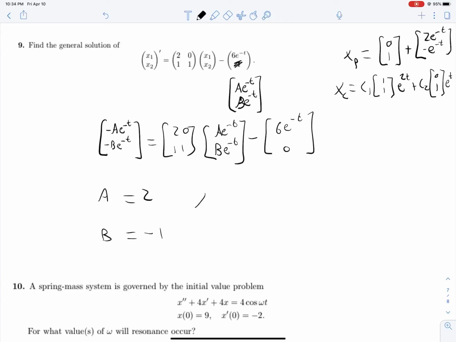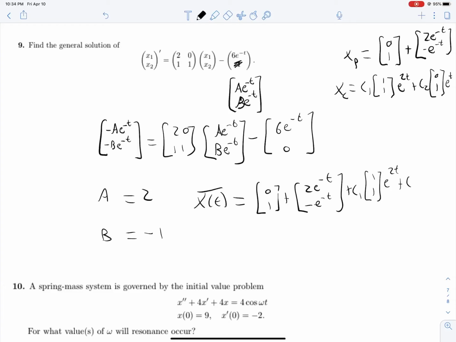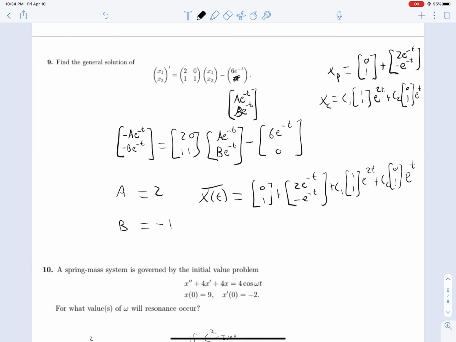And because x of t is equal to xp plus xc, we will have 0, 1 plus 2e to the negative t minus e to the negative t plus c1, 1, 1, e to the 2t plus c2, 0, 1, e to the t. And okay, hopefully that is correct.